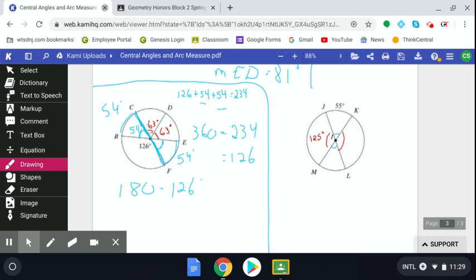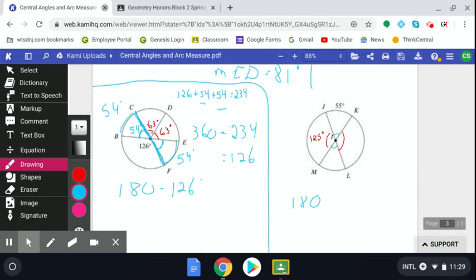And then for the last one, once again, I looked at this as a semicircle. So I did 180 minus 55, because I was given 55. So this is 55.